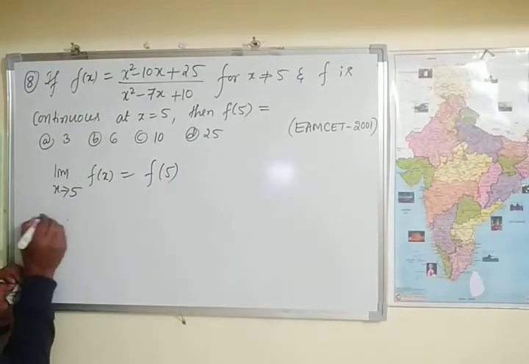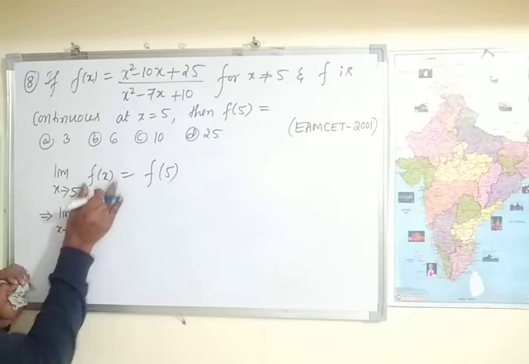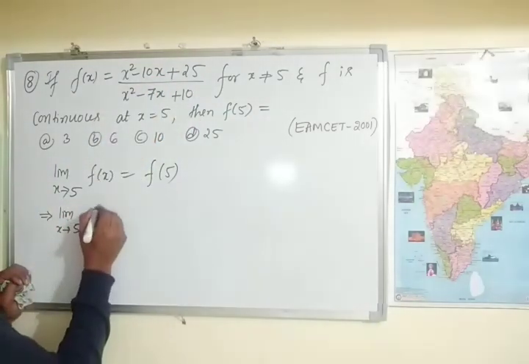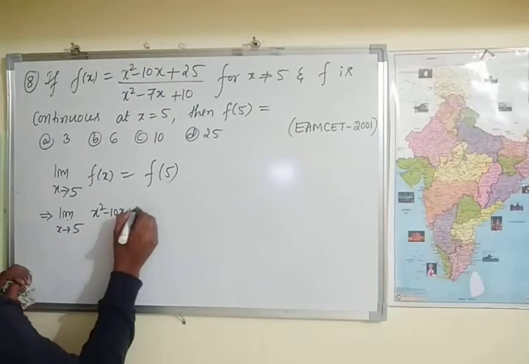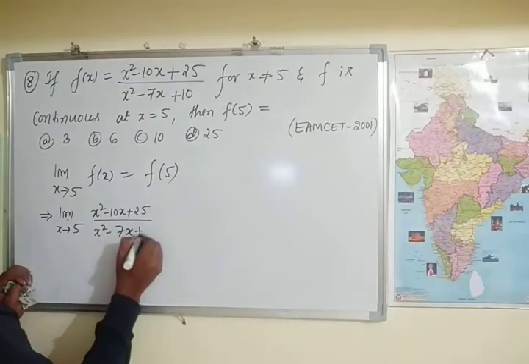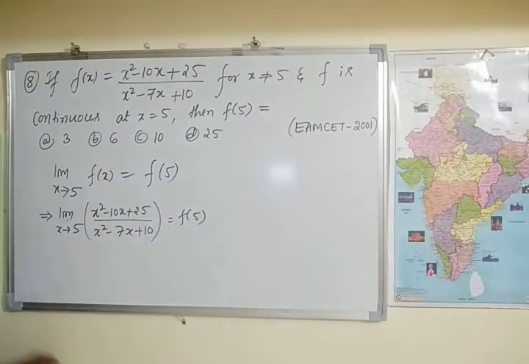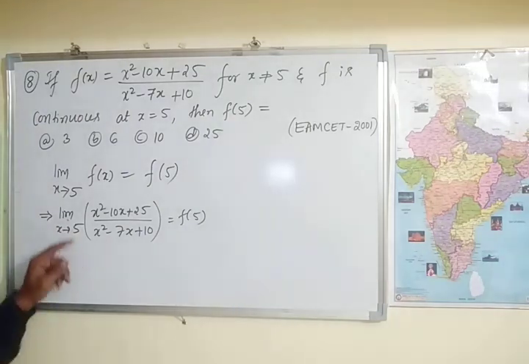Now this implies, here we consider limit x tends to 5, f of x function, x square minus 10x plus 25 divided by x square minus 7x plus 10, is equal to f of 5. Now x approaches 5, substitute 5 in the place of x.